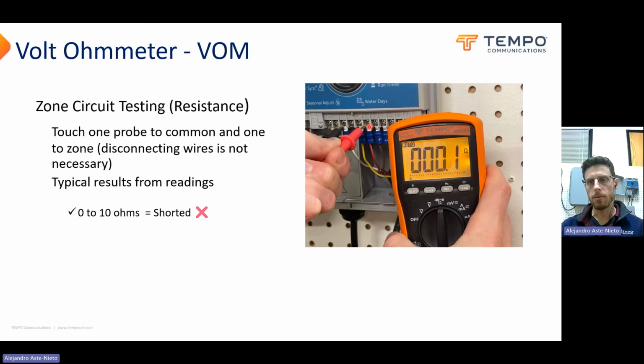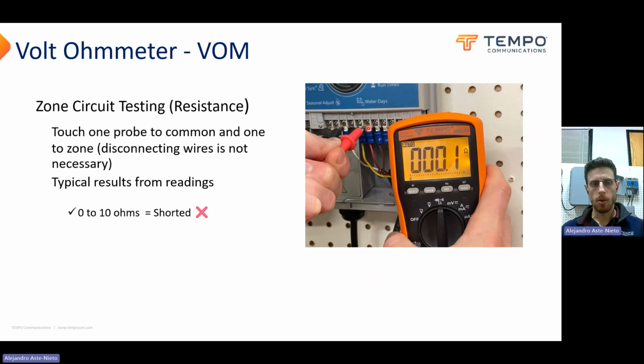So yeah, disconnecting these wires from the controller is not necessary. Never is a bad idea to disconnect the wiring. You never know what's going on in the controller. It might be throwing off readings, but typically you don't need to take that step.